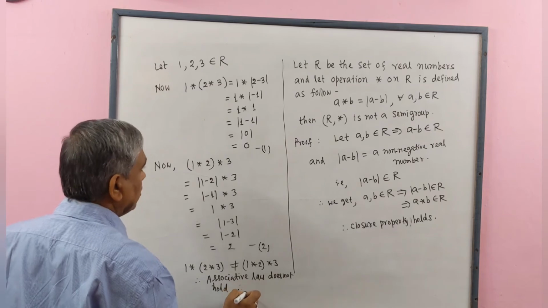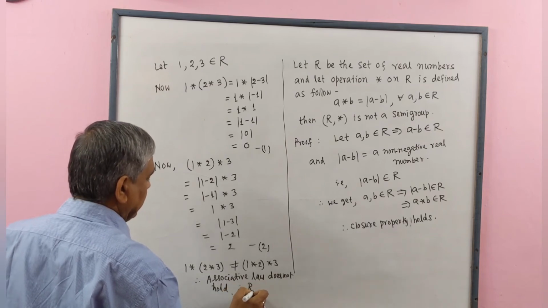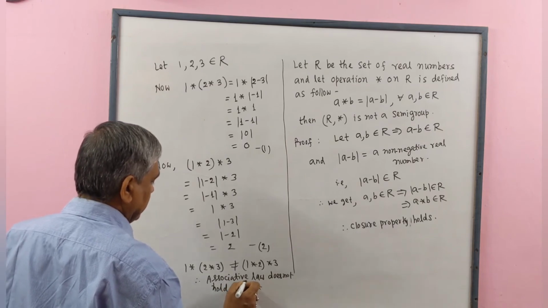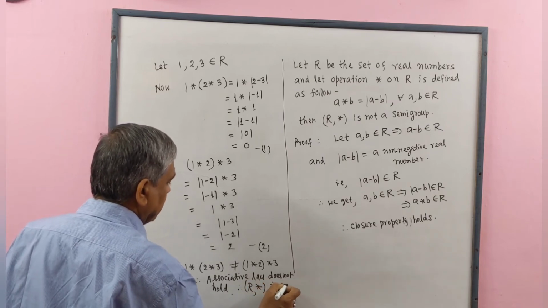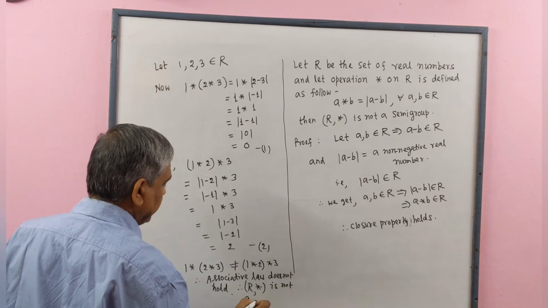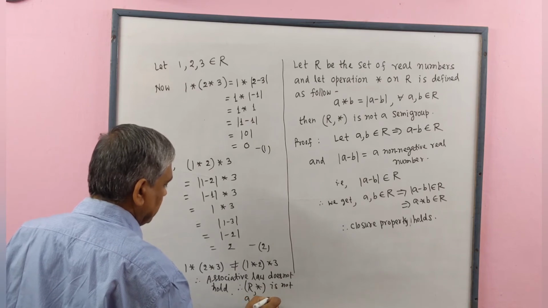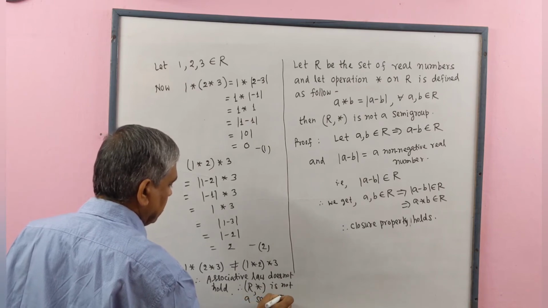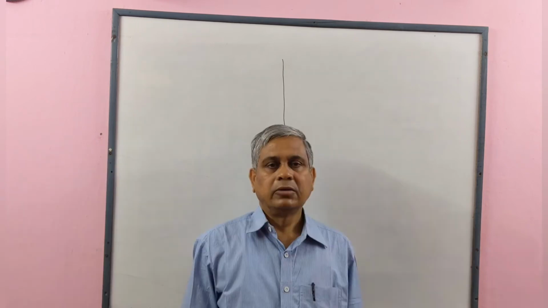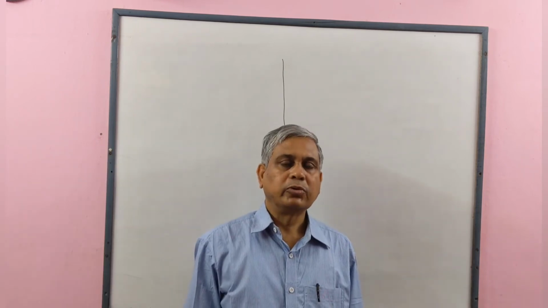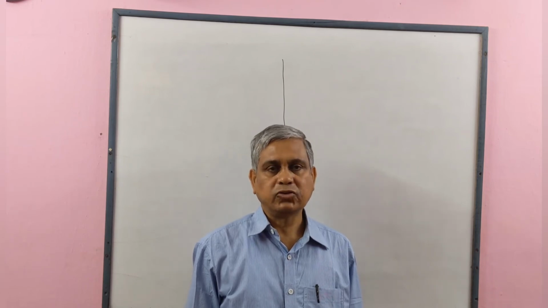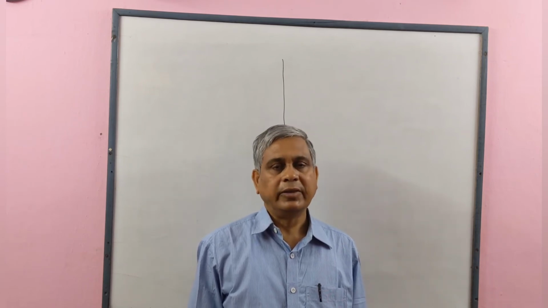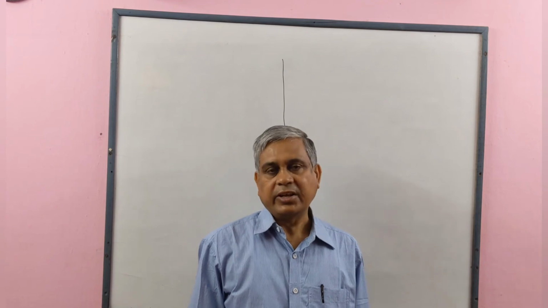Therefore, R star is not a semi-group. Proved. In semi-group, we have seen that closure law and associative law hold in the algebraic structure.